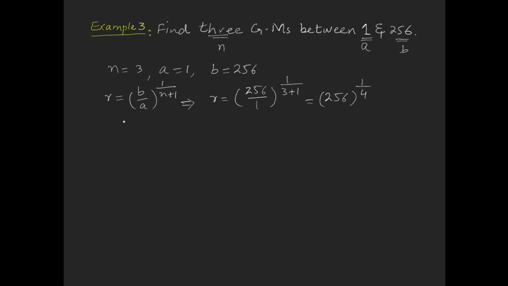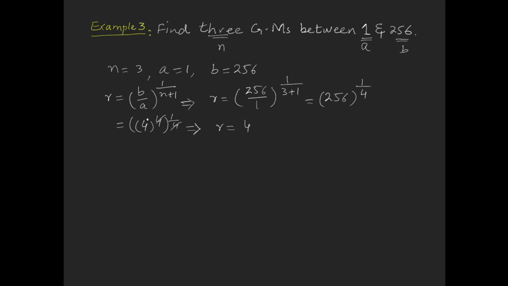Now 4 power 4 is 256, and raised to the power 1 by 4. So 4 is cancelled with 4 and R is equal to 4.